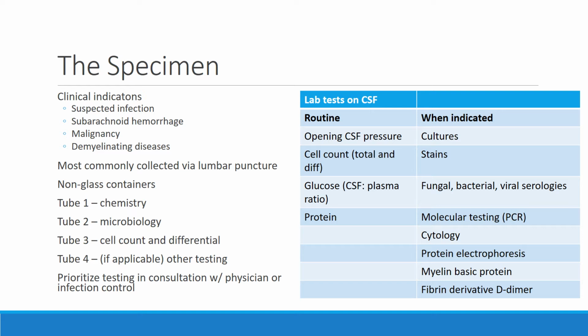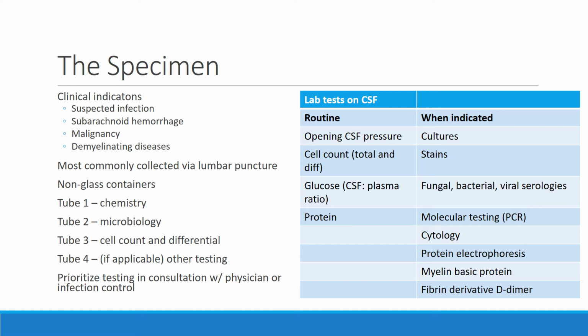Every procedure contains some risk. The risk of the CNS is more significant than others, so we don't do it willy-nilly. So the clinical indications for collecting a CSF specimen: obviously a suspected infection would be important. If we suspect a subarachnoid hemorrhage and can't diagnose it using radiology, there's a possibility we might collect a specimen, also to relieve pressure. That has been done for a hemorrhage.